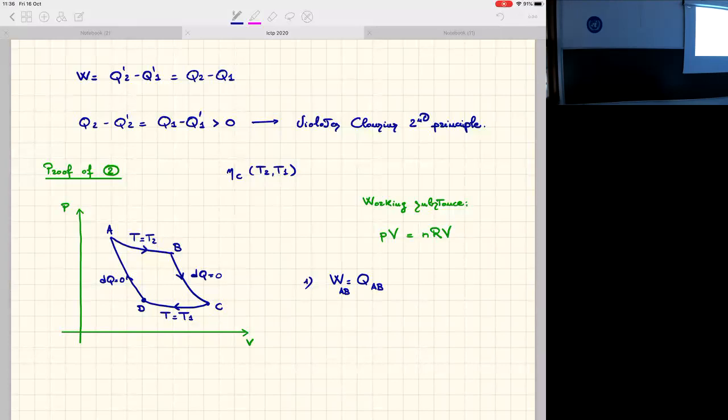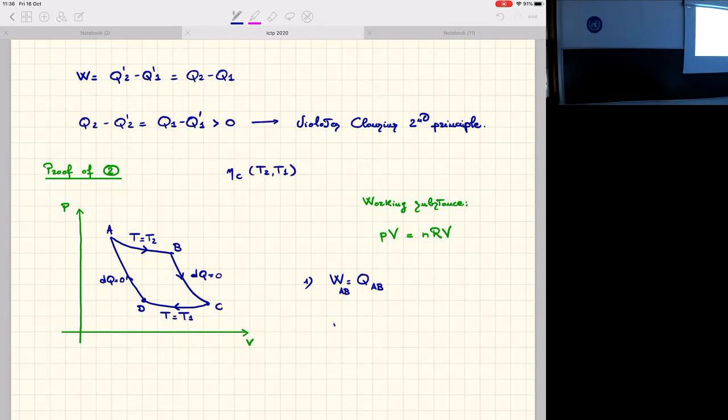Why? There is no change in internal energy because for the ideal gas, the internal energy depends only on temperature. And therefore, if you don't change the temperature, nothing happens.